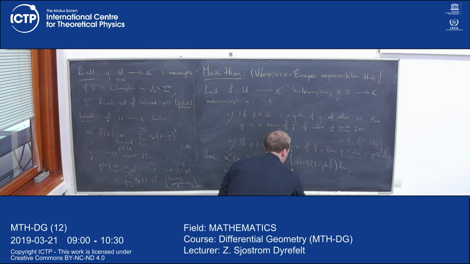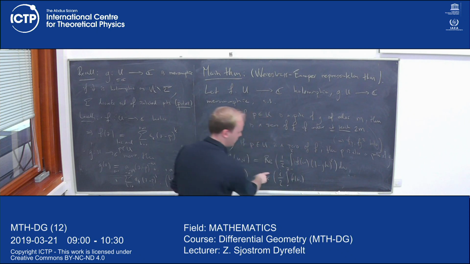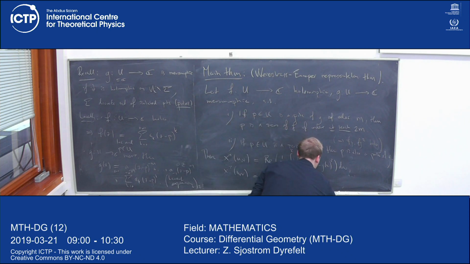So they will all be integrals like this. So f of w, this is i, so this is not 1, this is i here. So i over 2, f of w, 1 minus g of w squared, dw.